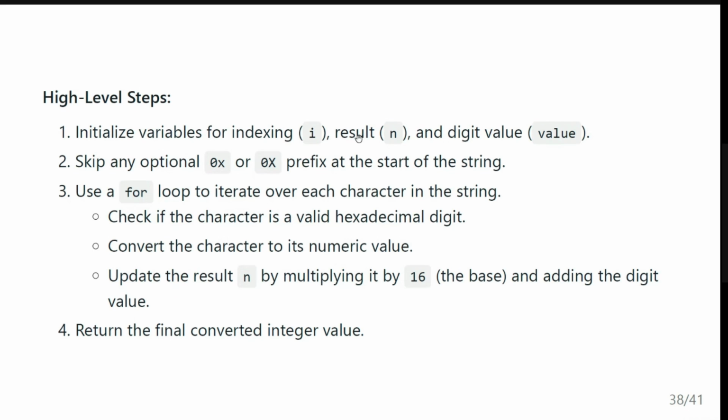So you have n for the total result. The value is converted from the letter, either 0 to 9 or A to F, to a number. Then you use the function n equals n times 16 plus the value.